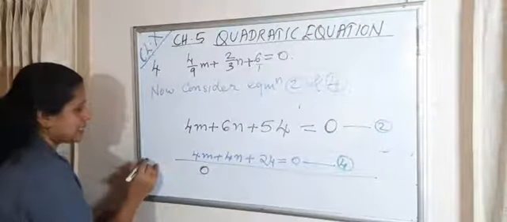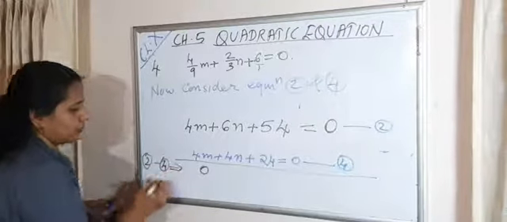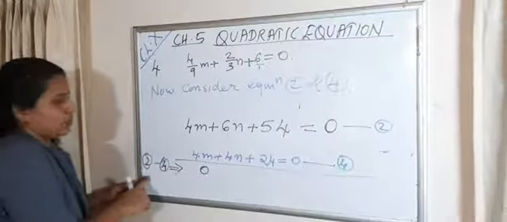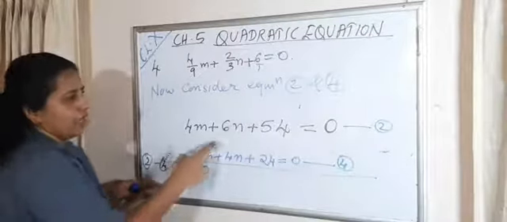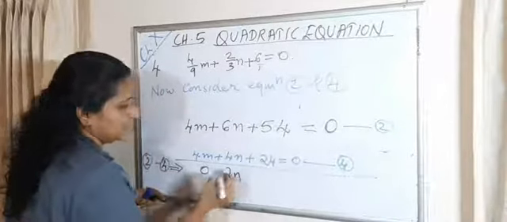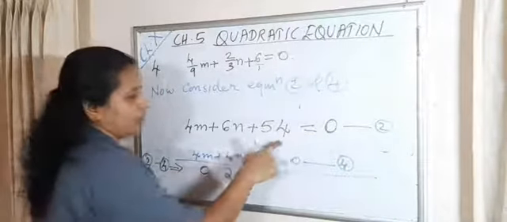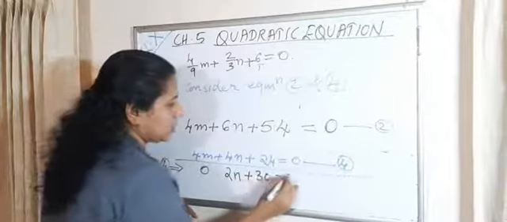Subtract 4 from 2, that is 2 minus 4. 4m minus 4m is 0. 6n minus 4n is 2n. And 54 minus 24 is 30 equal to 0.